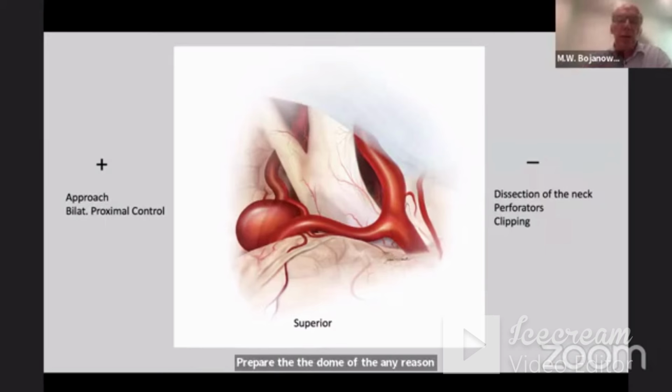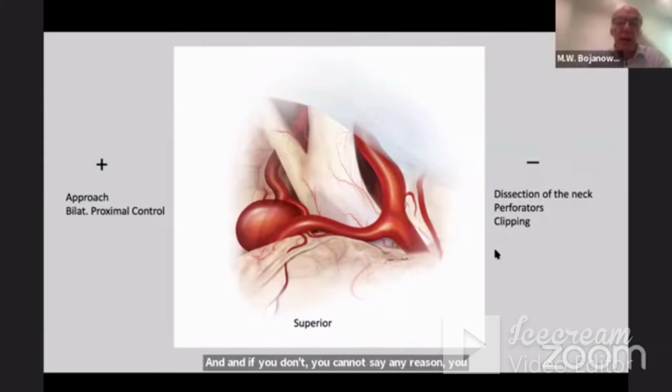And it's easier also to have the proximal control because the aneurysm usually doesn't hide the A1 on the opposite side. However, you cannot see the dorsal aspect of the aneurysm, you cannot see all the neck, and you cannot see all the perforators.